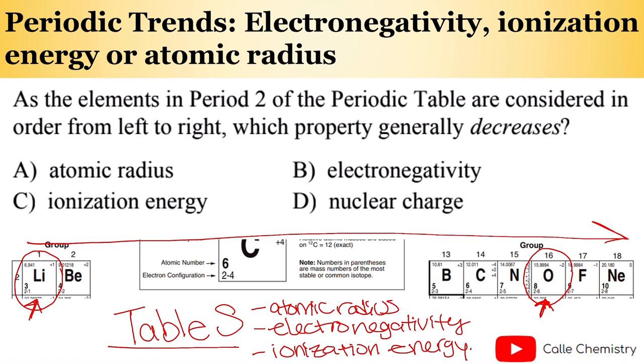And the atomic radius is decreasing because, if the attraction between the electrons and the protons is becoming stronger, then the electrons are being pulled to the protons in the nucleus, and so the atomic radius is decreasing. So that's why A would be our answer.